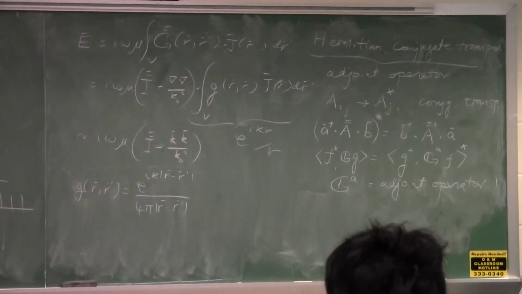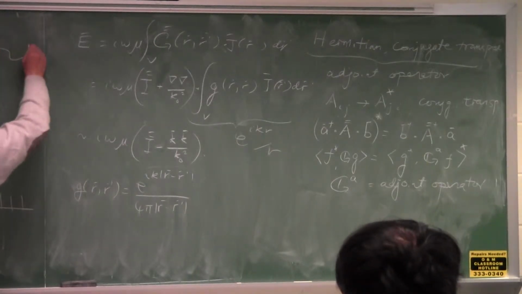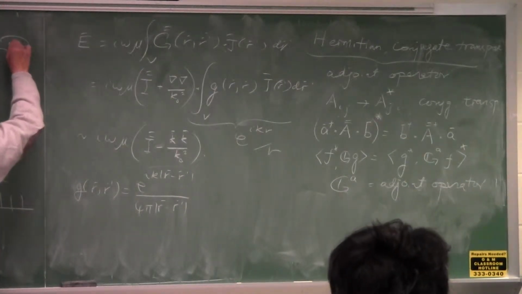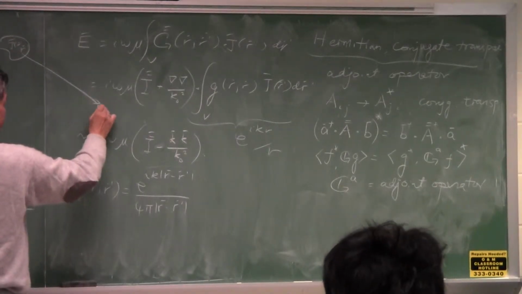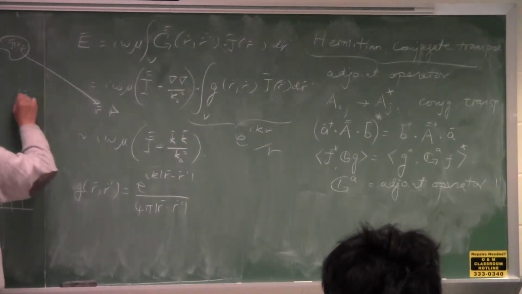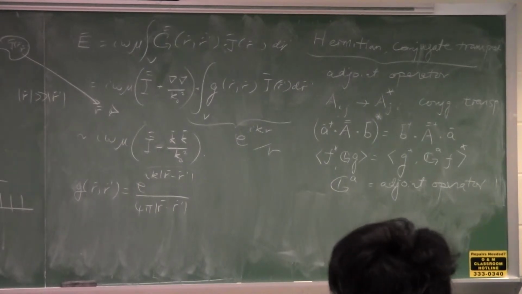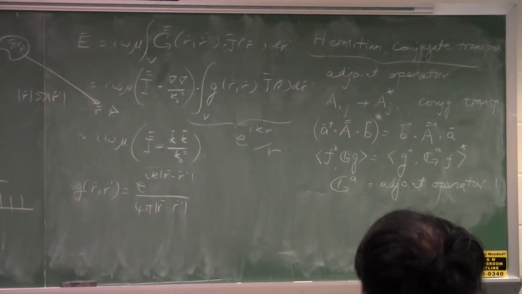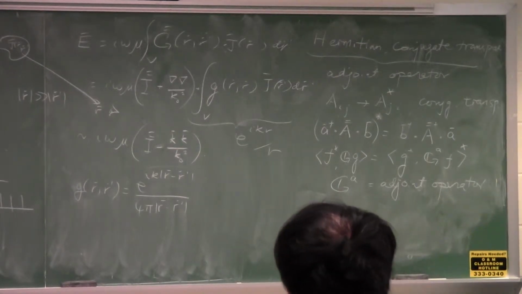Aditya, do you remember how you can approximate that? R prime is the source location J. R is very far away, the observation point over here. So R is much, much larger than R prime in the far field. Then the magnitude of R minus R prime can be approximated, right?